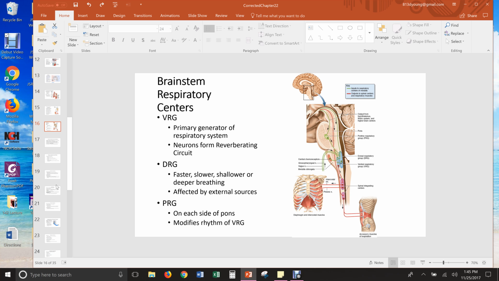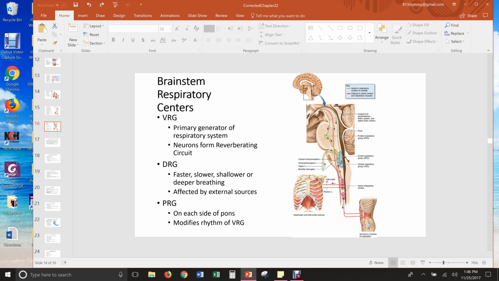So when we look at the ventral group, it is very active when we breathe in. So we get a lot of our breathing in with the ventral group. Ventral group is both breathing in and breathing out.